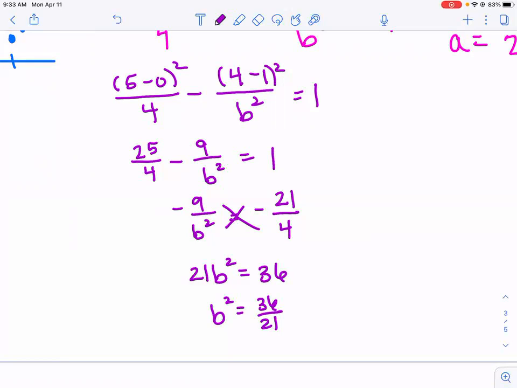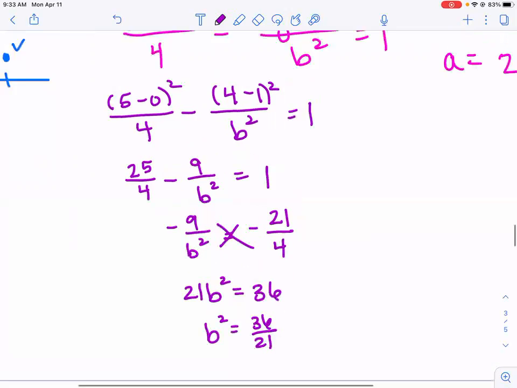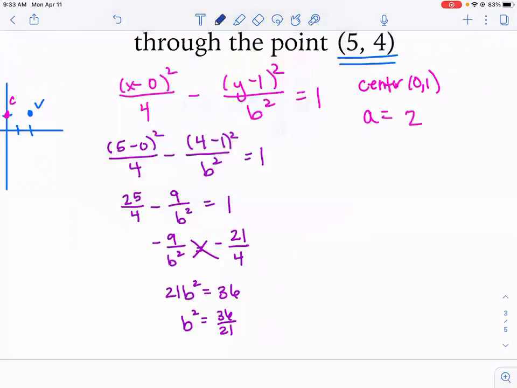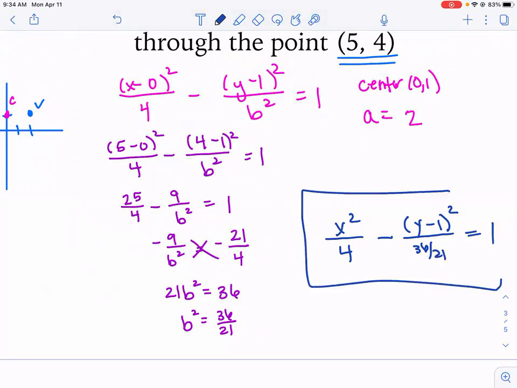Divide that over. And we don't have to worry about solving for b, okay? Because now we can write that x minus 0 squared over 4 minus y minus 1 squared over ugly 36 over 21 equals 1.